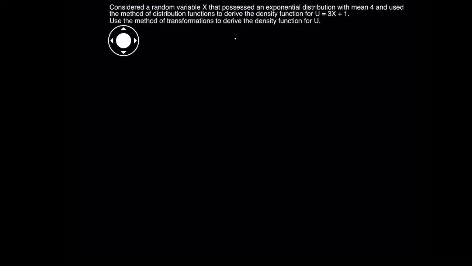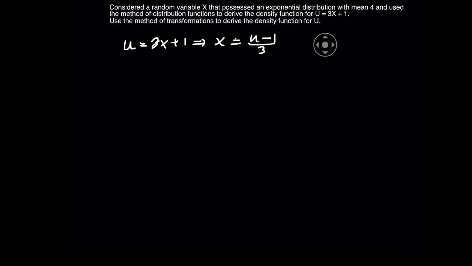The second part is to use the method of transformation to derive the density function for U. What is the first step of this? Find the inverse function of X. U equals 3X plus 1, so the inverse function is (u minus 1) over 3. Then evaluate the derivative.